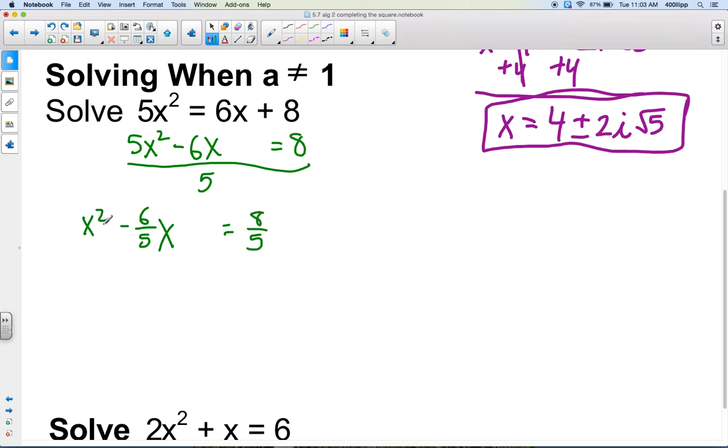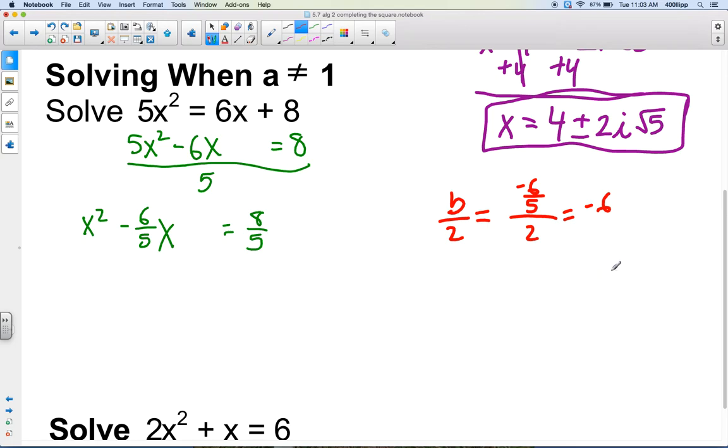So now I can do my two steps of completing the square. So let's take a look here. I have b over 2. So my b, now that the value of a is 1, the value of b is negative 6 over 5. So I have negative 6 over 5 divided by 2. Whenever I divide by a number, that's the same as multiplying by the reciprocal.